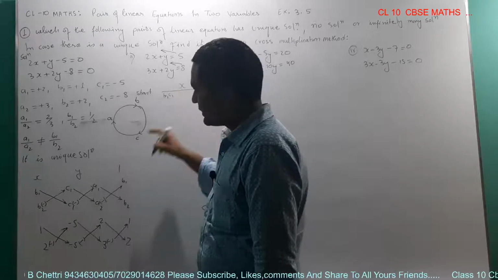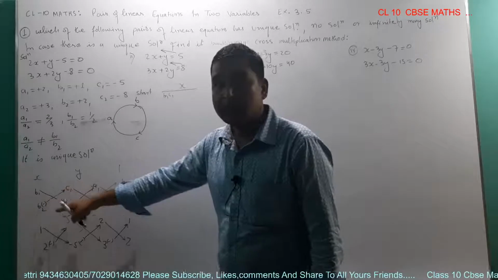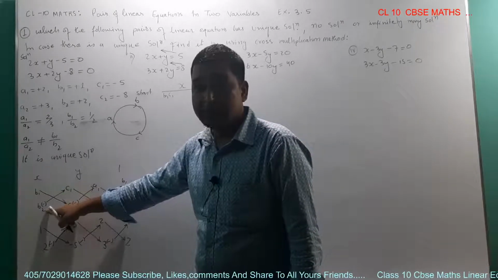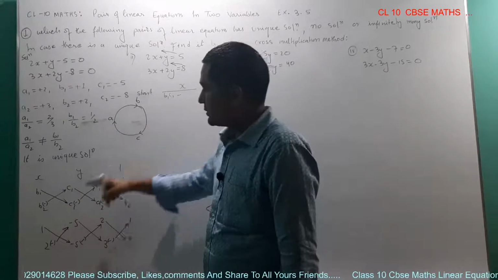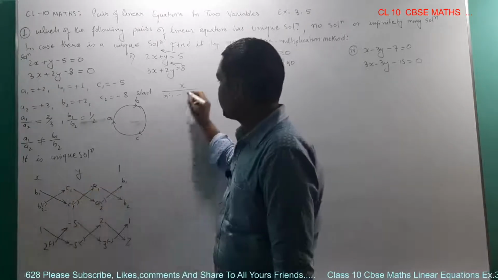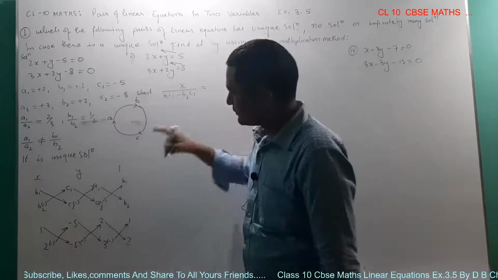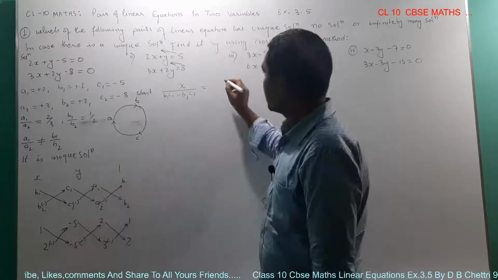After multiplying one of the pair, before multiplying the other pair, we put the minus sign. Minus b2 multiply c1.